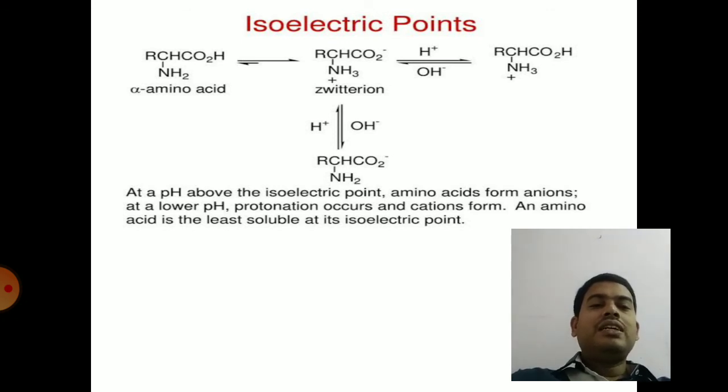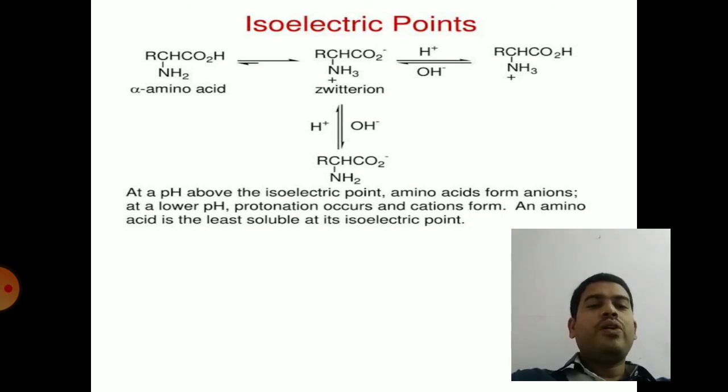Acidic amino acids, basic amino acids, some have more than one positive charge, some have more than one negative charge in their structure. But if all the charges are equal at a pH of the solution, that means the amino acid will be existing in Zwitter ion form. So the pH at which the amino acid exists in Zwitter ion form is called the isoelectric point.